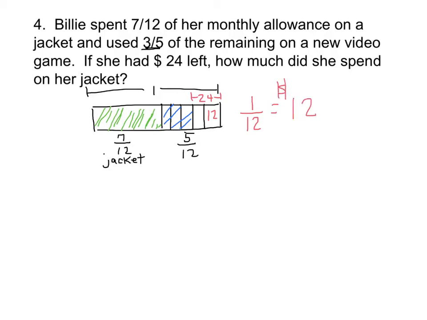And if 1 of the 12 pieces is equal to $12, and she spent 7 of those pieces on a jacket, then 7 times $12 is equal to $84. So she spent $84 on the jacket.